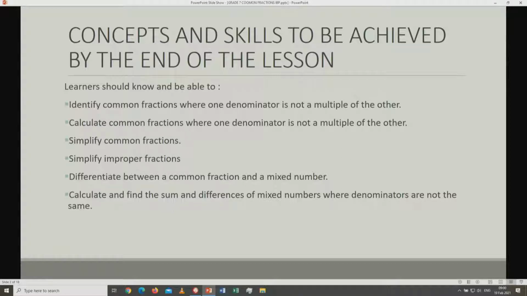Simplify improper fractions. We're going to touch on improper fractions as well. Differentiate between a common fraction and a mixed number. Then lastly, calculate and find the sum and differences of mixed numbers where denominators are not the same.